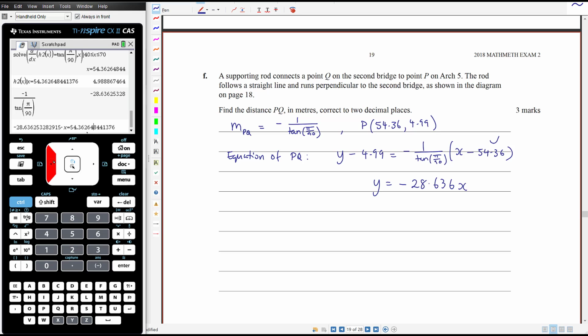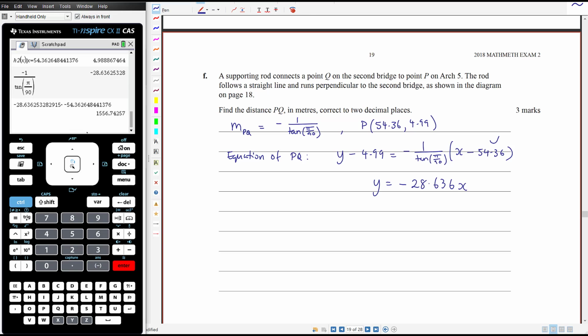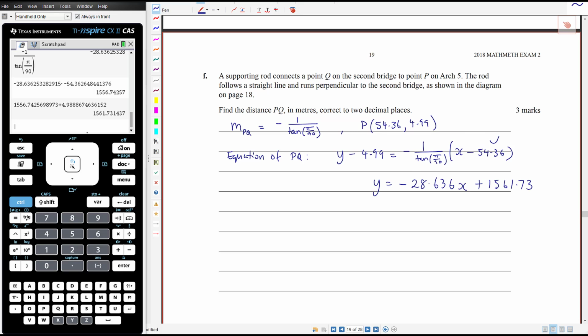So that's going to be positive. So it's that, and then we're adding on the 4.99, which we've got here. Okay, so it's plus 1561.73. So that's the equation of PQ.